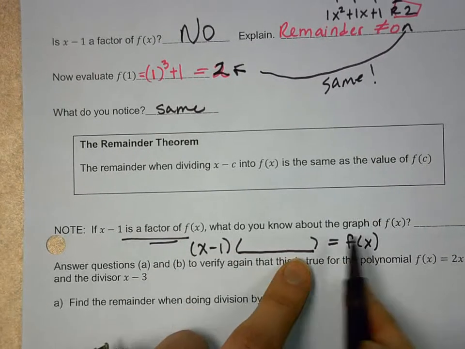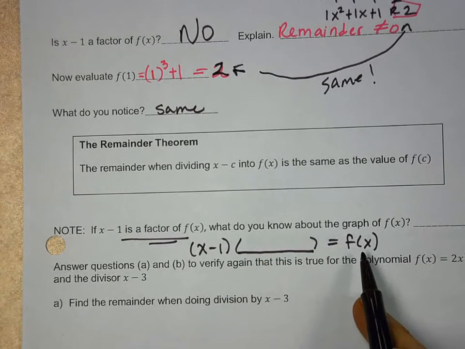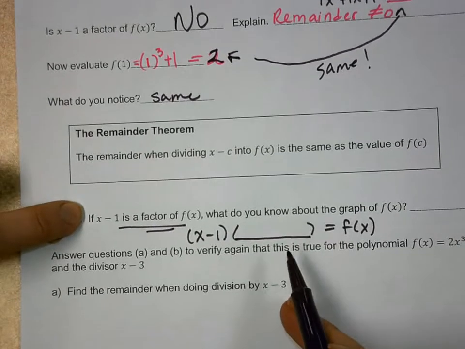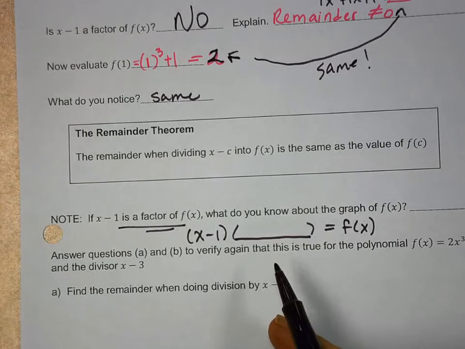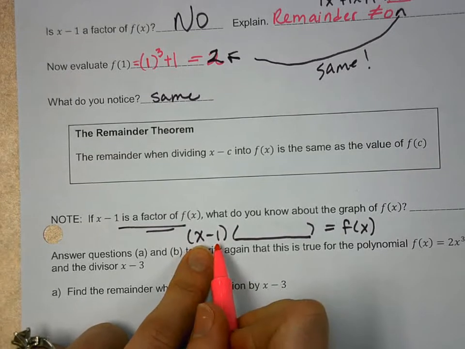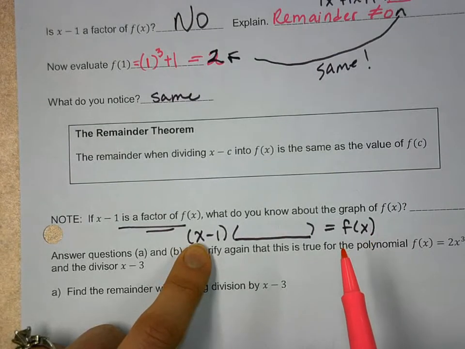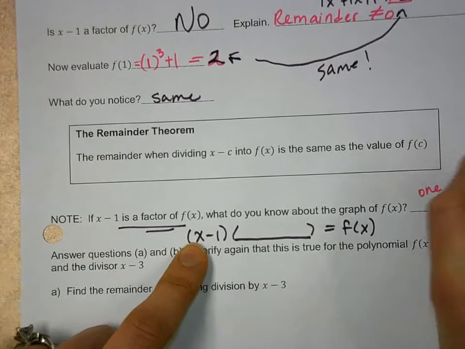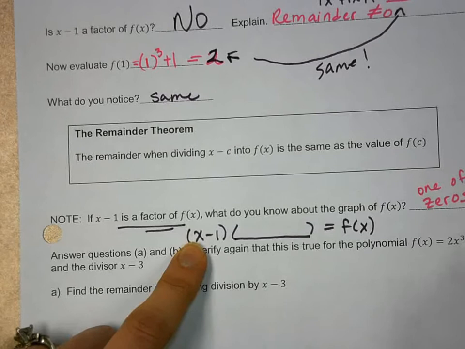Now if I think about it in that way, what do I know about the graph of this function if you know x minus 1 is a factor? Nice, Daphne. Daphne says we know that one of the zeros is equal to 1. Because if I have x as 1, that will make the function equal to 0. So yes, I know that one of the zeros is equal to the number 1.